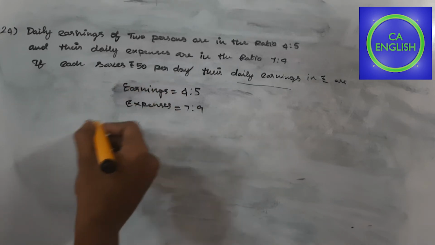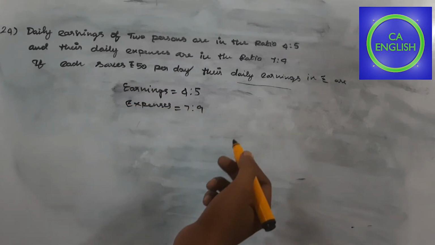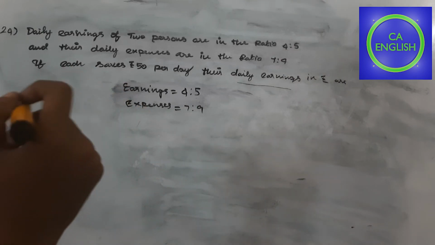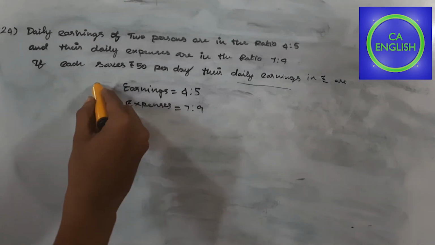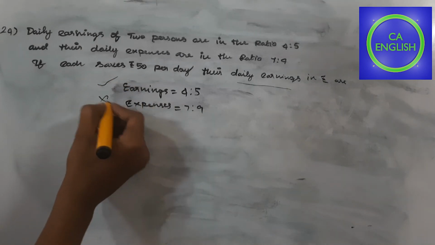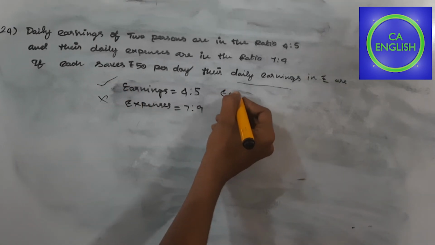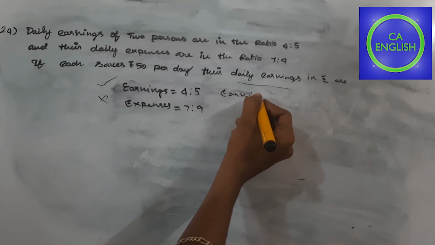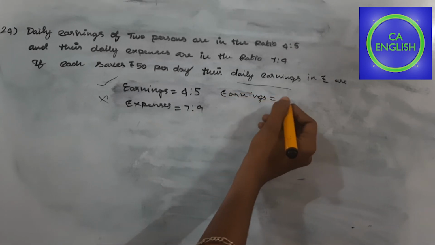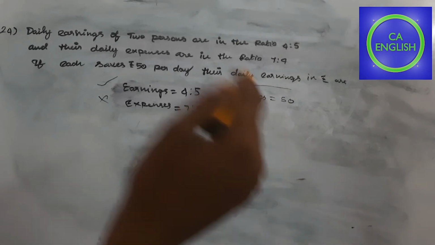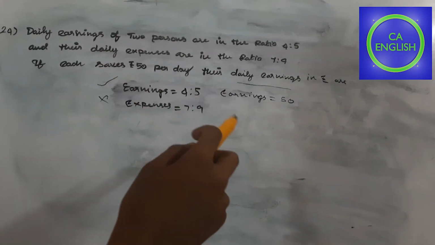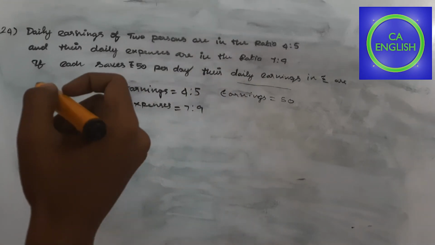If each saves rupees 50 per day and their daily earnings is, now the savings is given in the question. The savings can be done by earnings only, not by expenses. So earnings equal to 50. From earnings he is saving rupees 50, so we are taking that into the earnings.